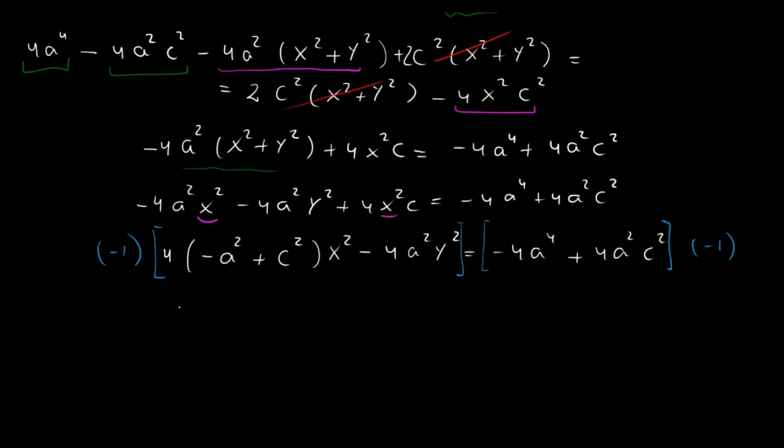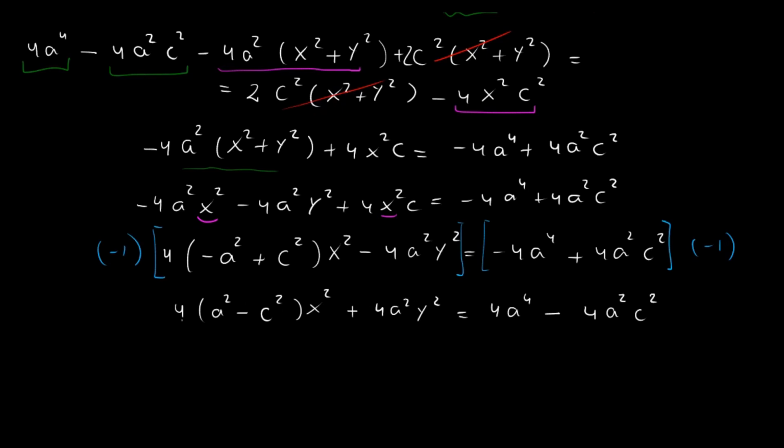And this will give us 4 times a squared minus c squared times x squared plus 4a squared y squared equal to 4a to the power 4 minus 4a squared c squared.